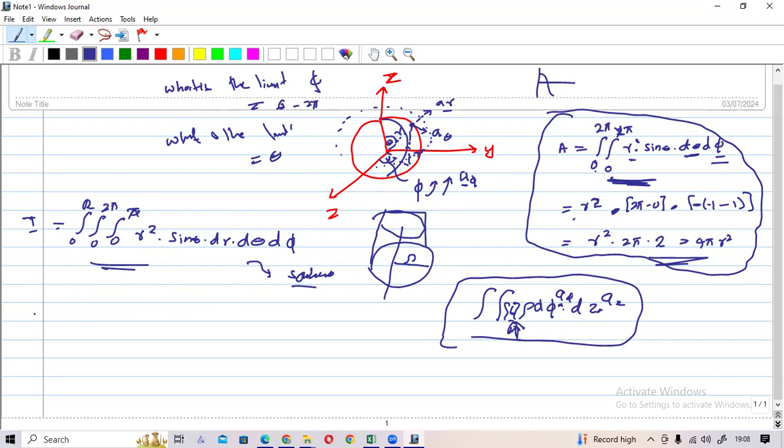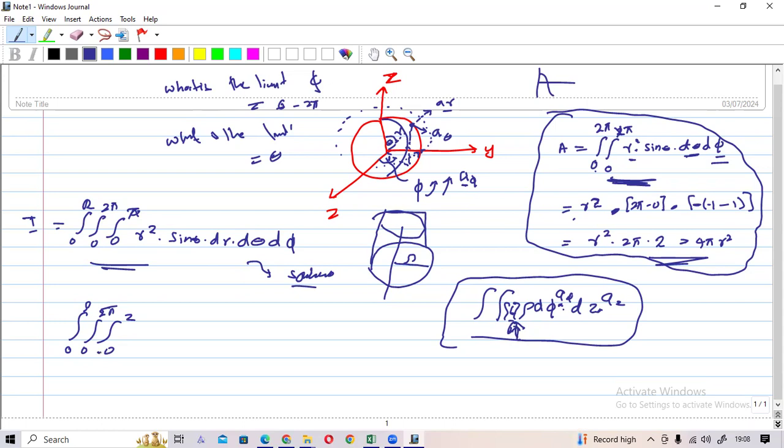Now if you want to evaluate the volume of a cylinder, you need to evaluate with respect to rho, with respect to phi, and with respect to z.